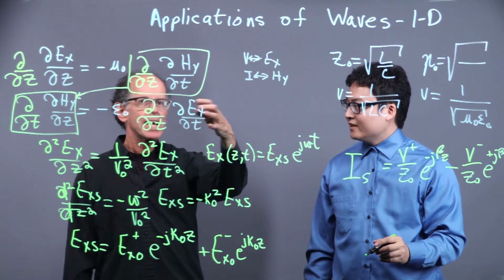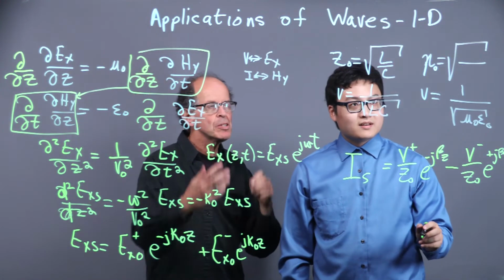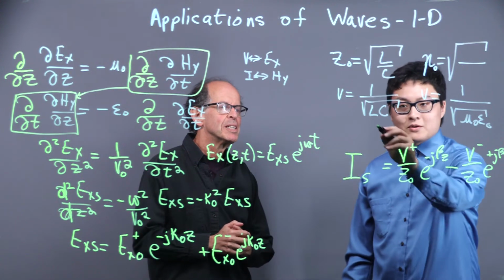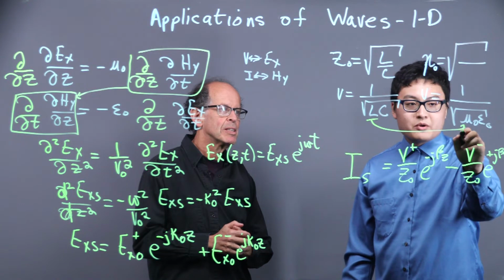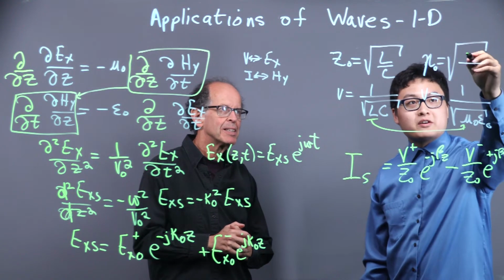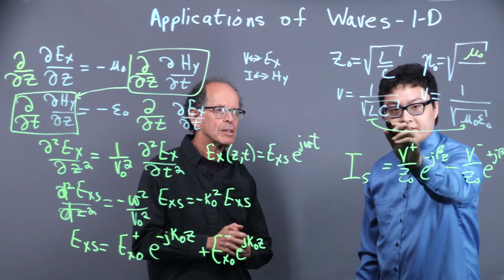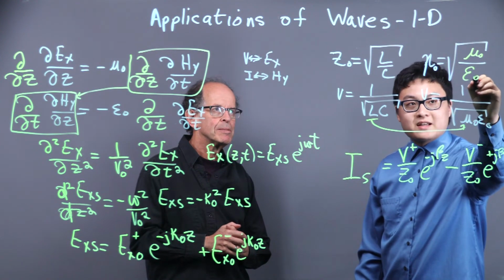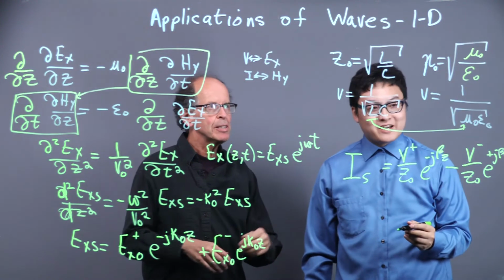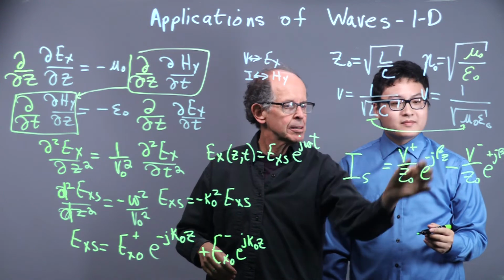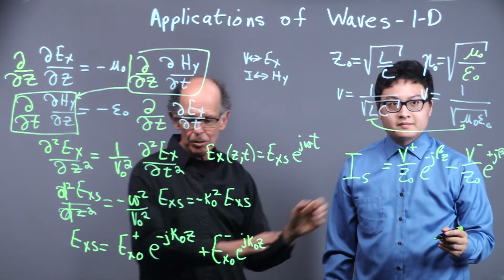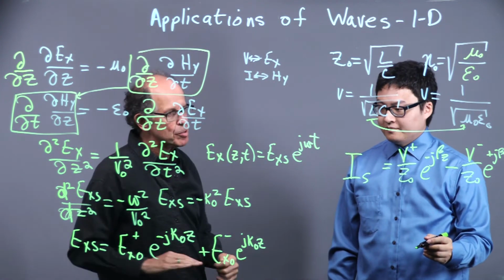So by analogy, what's going to go in there? What's the equivalent of L? Well, L becomes mu naught, so I assume we do the same here. Mu naught divided by epsilon naught. Is that correct? Yeah, that's exactly right.